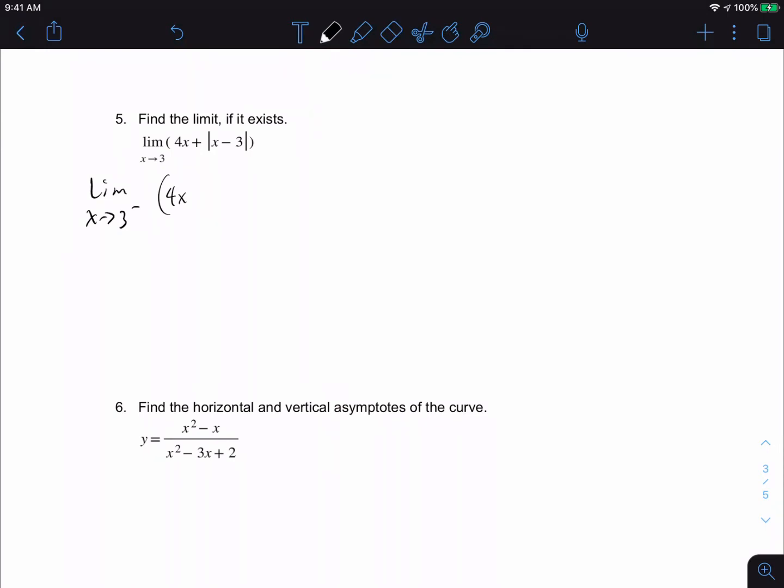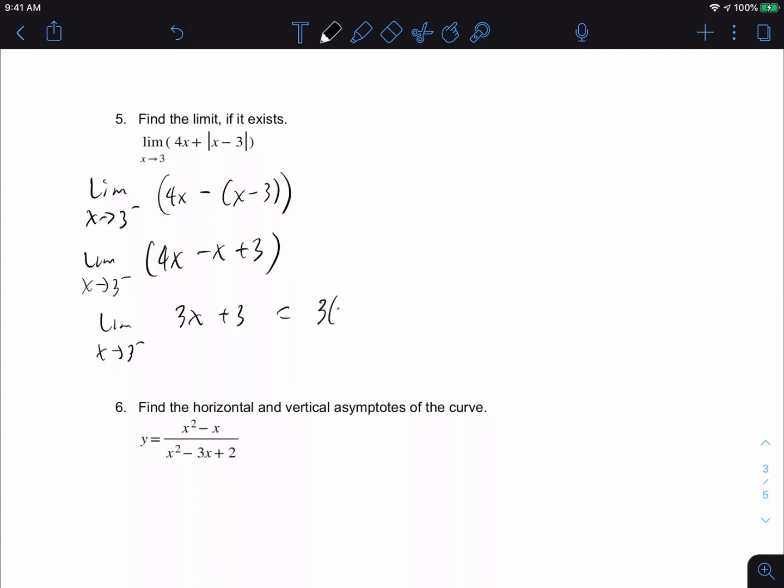So if I plug in a number that's smaller than 3, that means I'm getting a negative value, correct? So this becomes negative x minus 3. And so I'm going to get 4x minus x plus 3 with this limit. And I'm going to get 3x plus 3, which will then be 3 times 3 plus 3, which is 12.